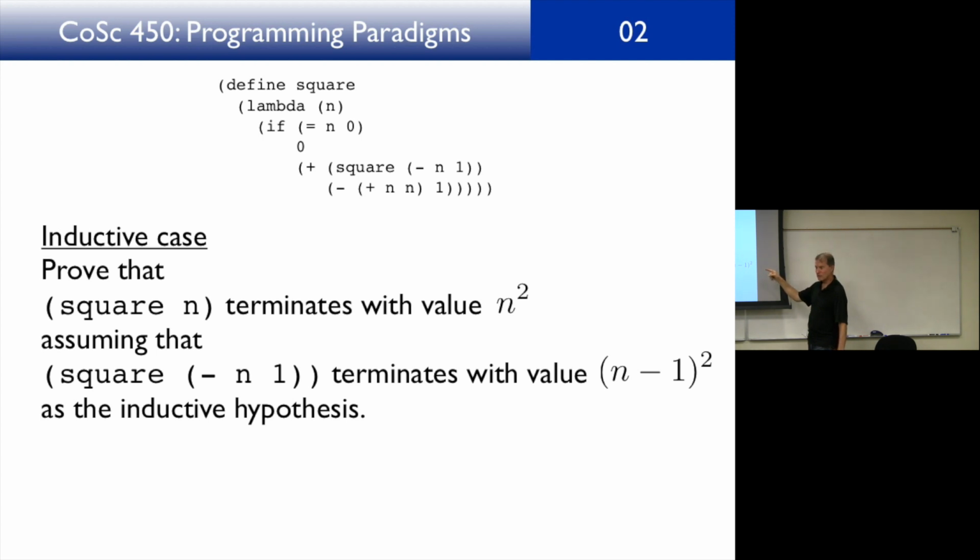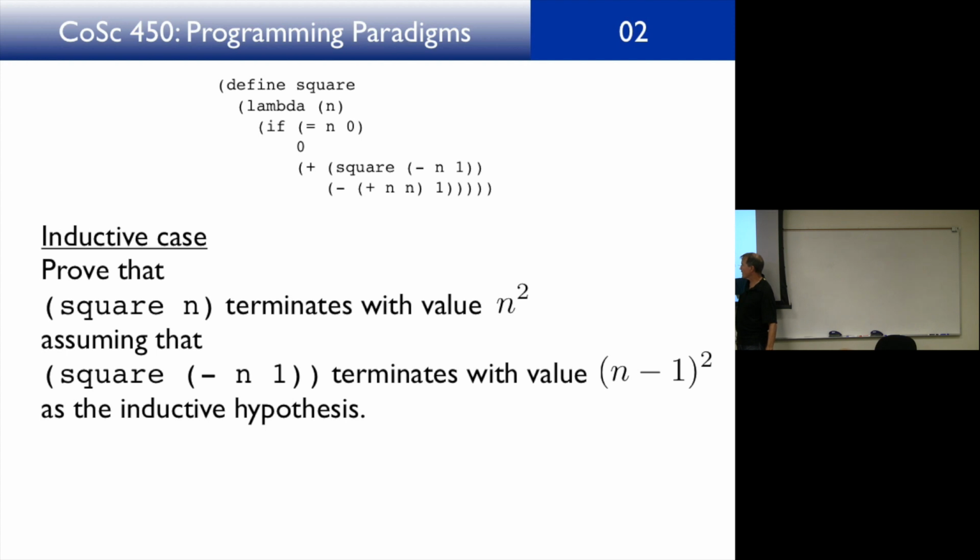All right, so now we haven't done it yet. This is what we have to prove, and this is how we assume it. So what do you suppose we should start with? The code inspection. Yes, that is going to be our very first step. But what we have to prove is that this square n terminates with this value.